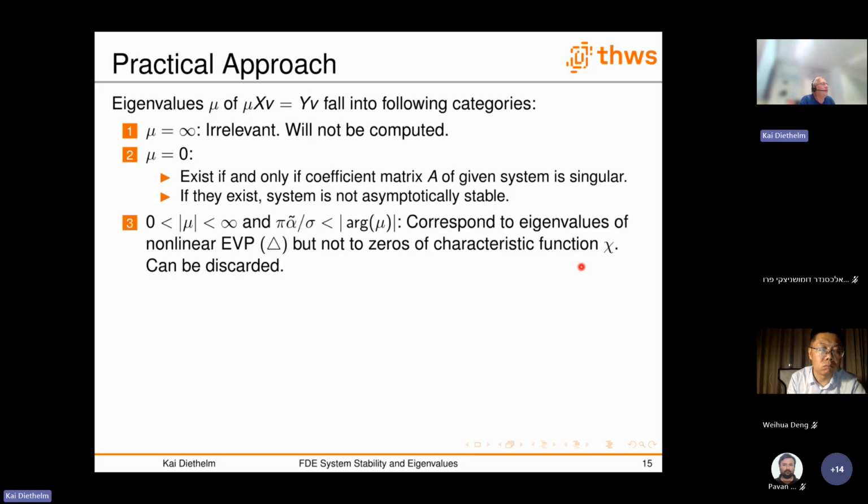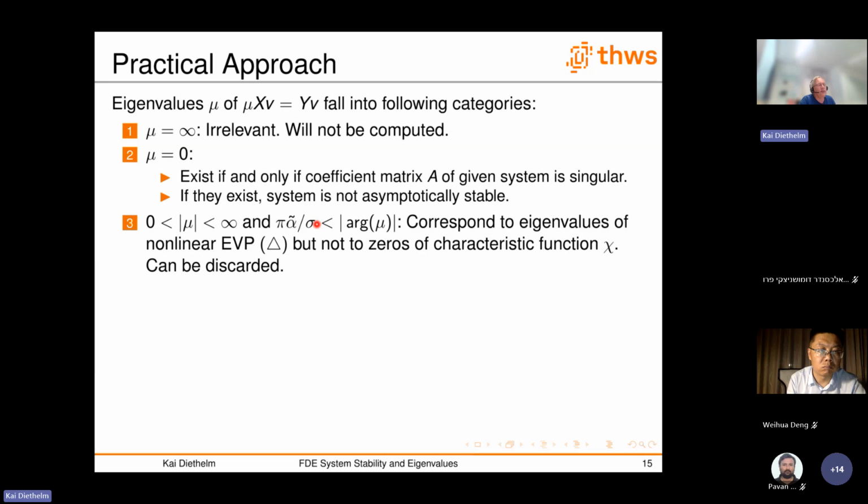Then there are eigenvalues which are finite but not 0, and for which the absolute value of the argument is bigger than pi times alpha tilde over sigma. Remember, we have already computed alpha tilde and sigma, so we can check this condition.